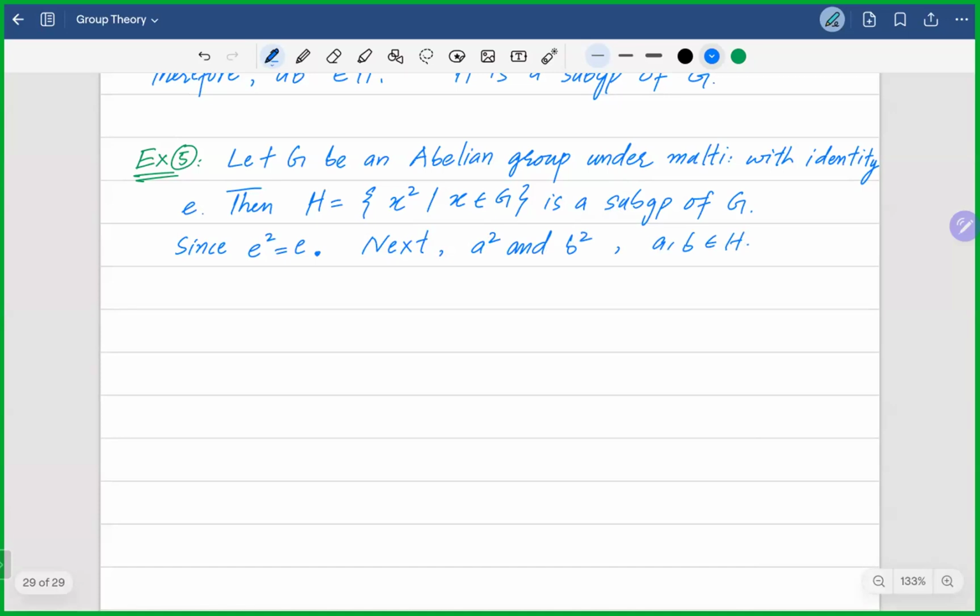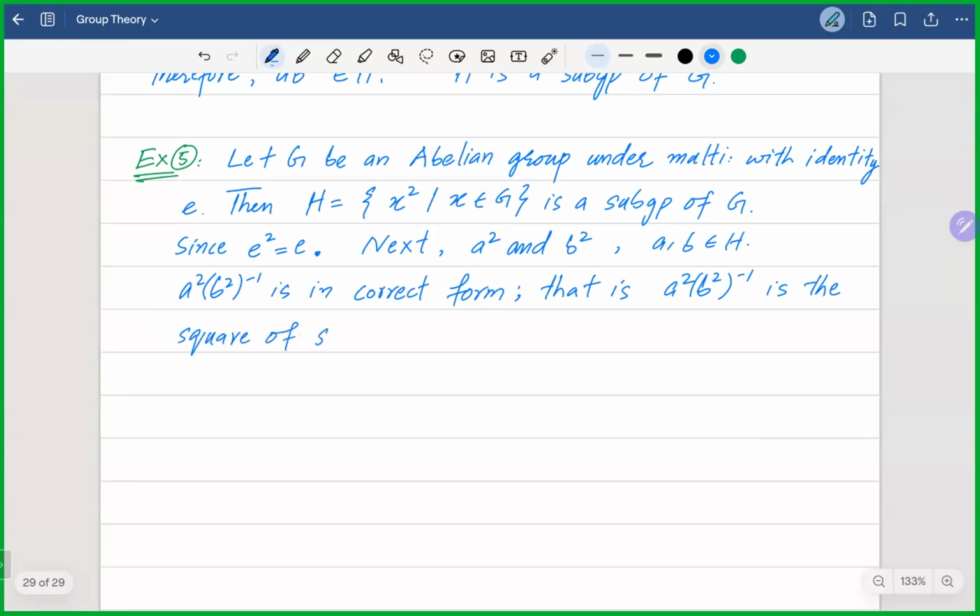Now we must show that A square B square inverse is in correct form, right? That is, actually, that A square B square minus 1 is the square of some element.